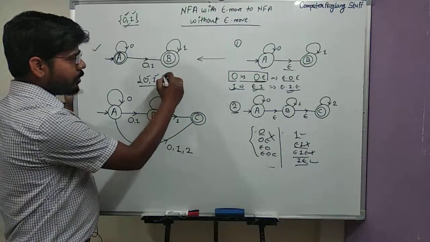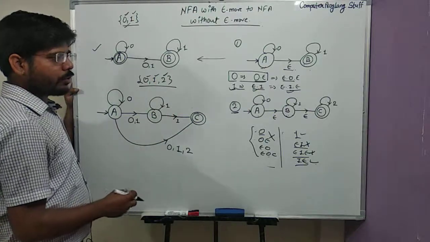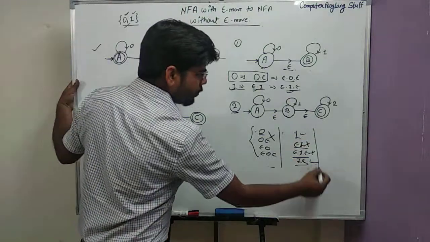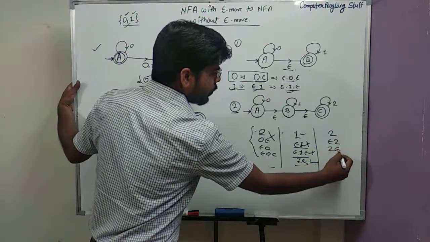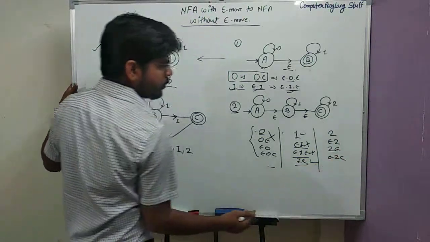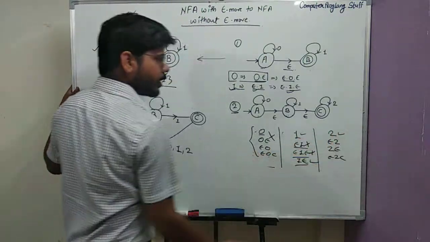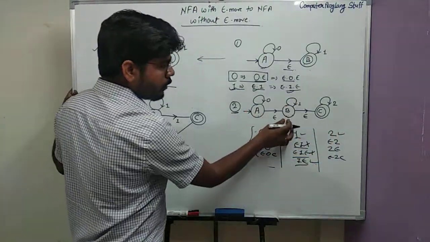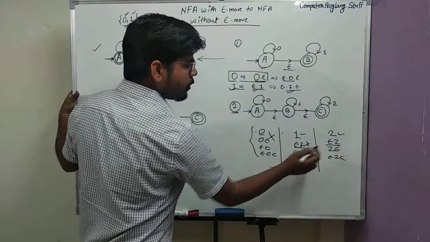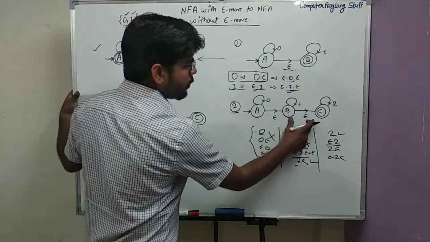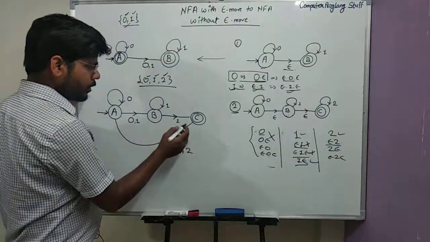Now we look at the third symbol, that is 2. So 2, 2 epsilon, epsilon 2, epsilon 2 epsilon. See, if you look at the first case, there is no direct transition from B for the symbol 2, and if you look at the second case, epsilon and 2, this case happens, it is possible.